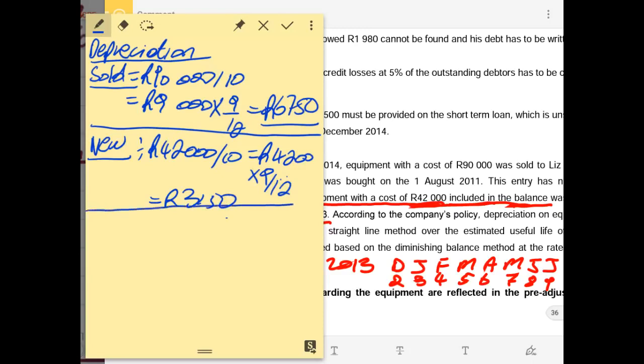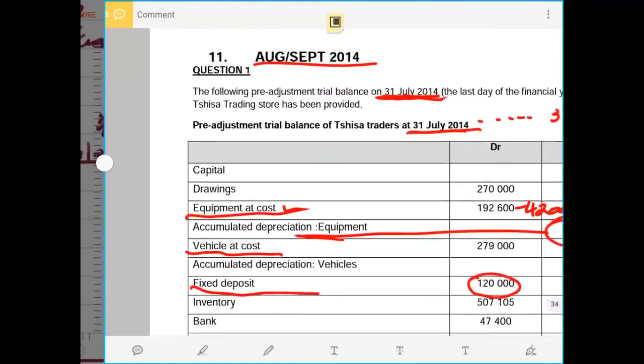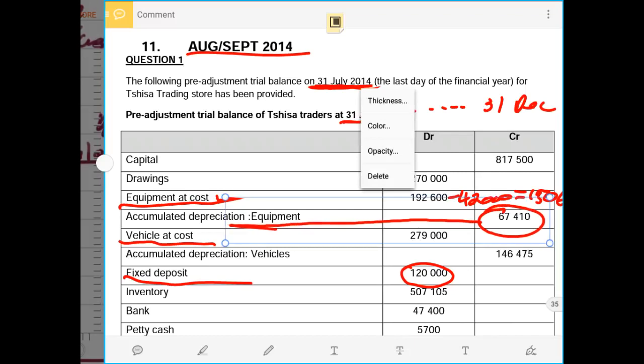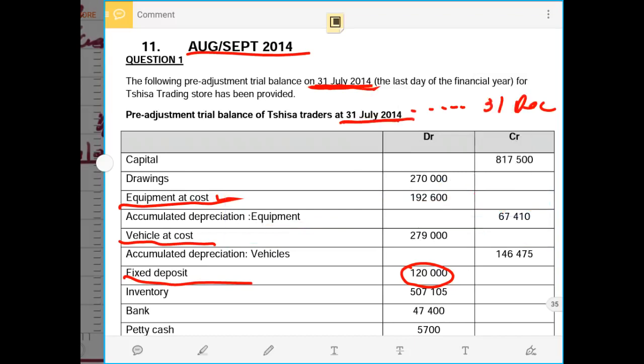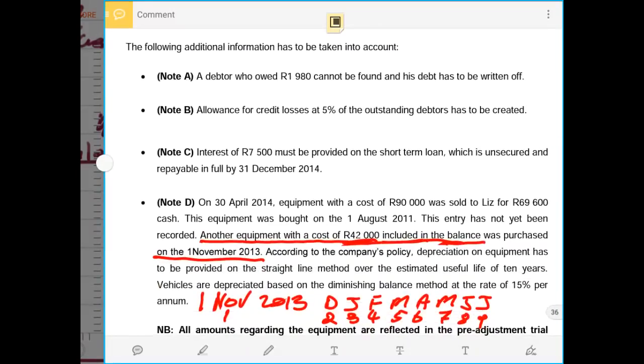Let us check if there are any other equipments that were in the business, because there might be other equipments that were not sold and remained in the business until the end of the current year. Let us check whether the trial balance tells us anything. In the trial balance we have the total of all the equipments, including the one costing 90,000 rands that was sold and the 42,000 rands, because we are told that the cost of the equipment costing 90,000 rands is already included in the trial balance.